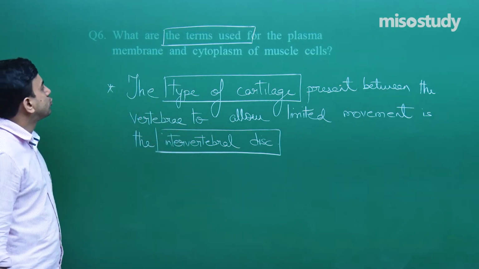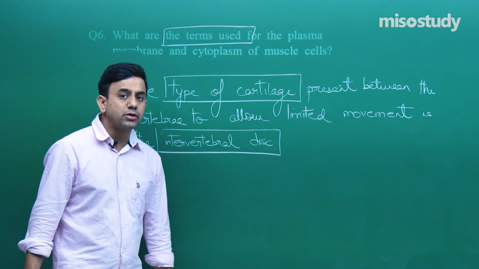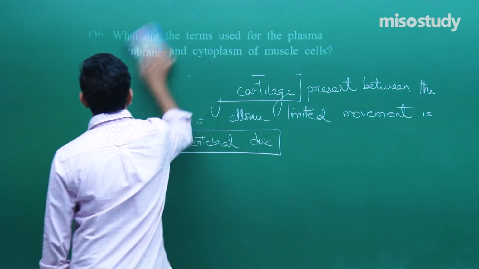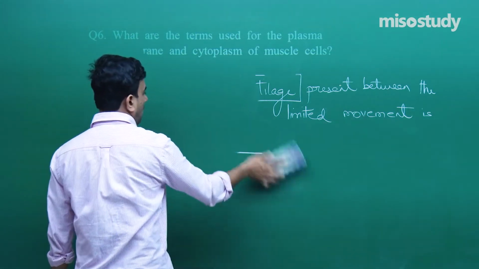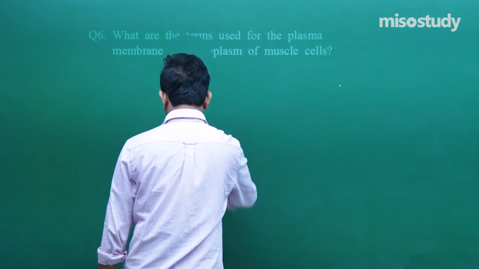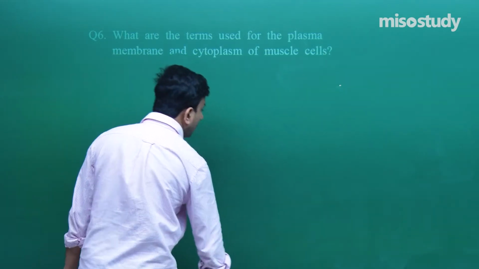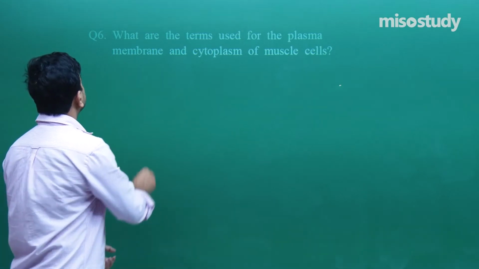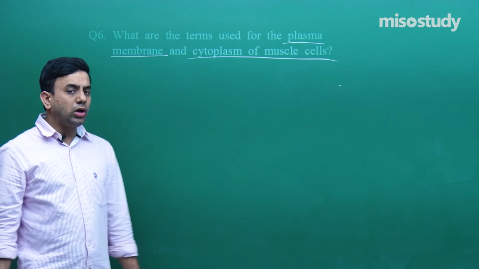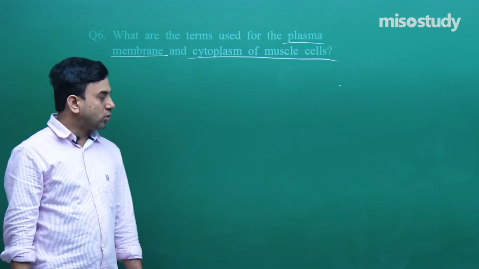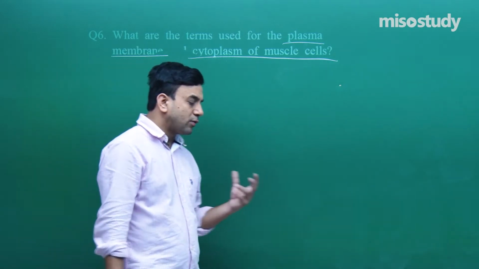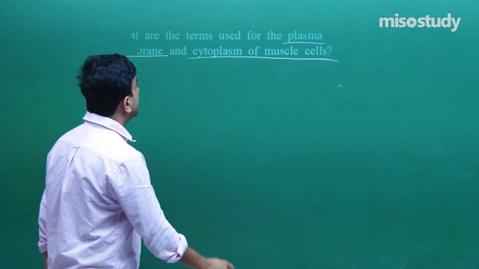What are the terms used for the plasma membrane and the cytoplasm of the muscle cells? We all know that the plasma membrane has got a special name in the muscle cell.